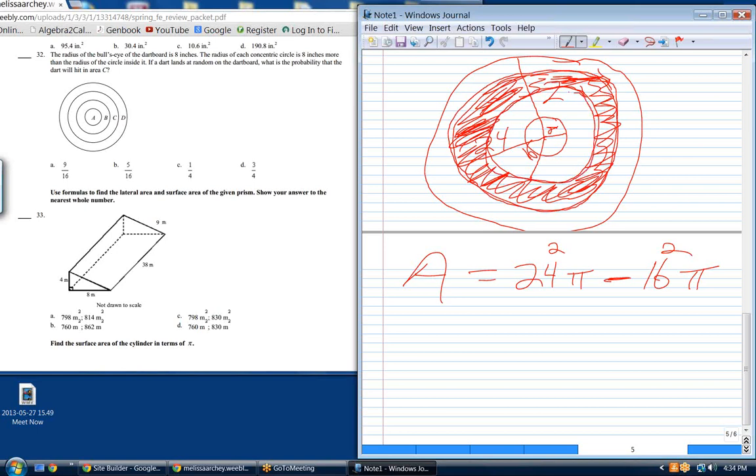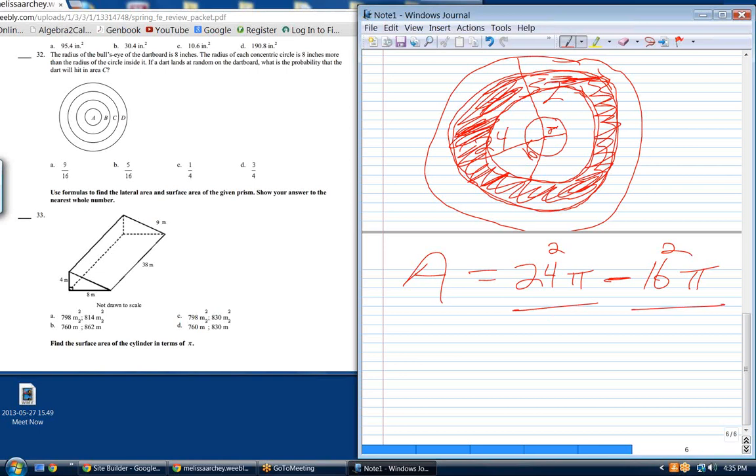That's what I mean by shaded regions are always subtraction problems. I don't care about the inside circle because it's white. So it's 24 squared pi minus 16 squared pi.